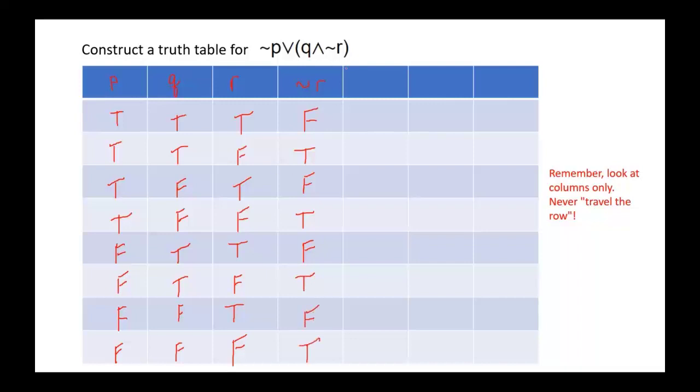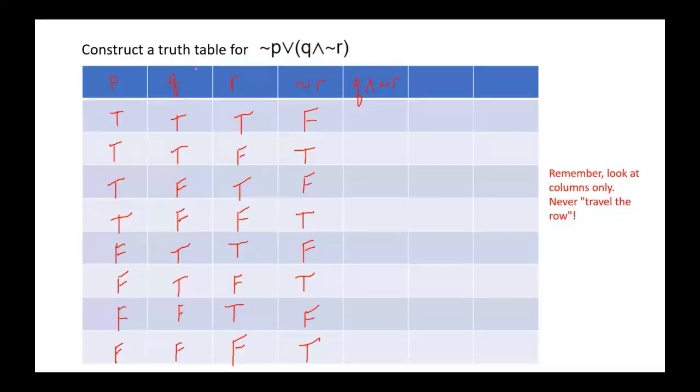Right, so now I want to build, you just constantly add one more thing until you get the whole thing built. I need to do this parentheses Q and not R. Now there's a note over to the side, and this is really where it starts to apply. It says look at the columns only, don't travel across the row.